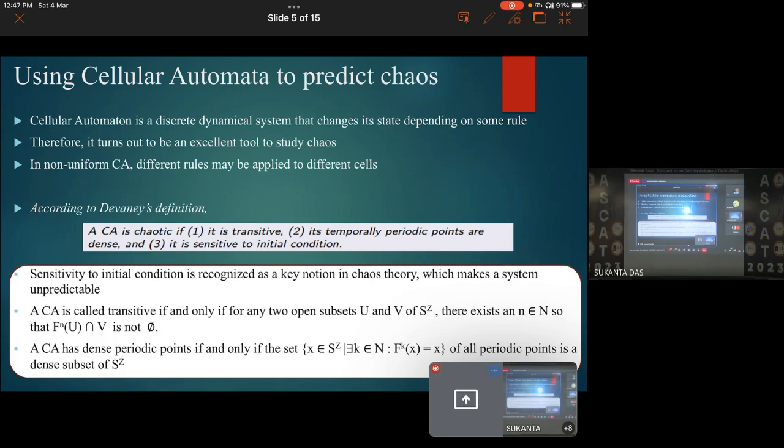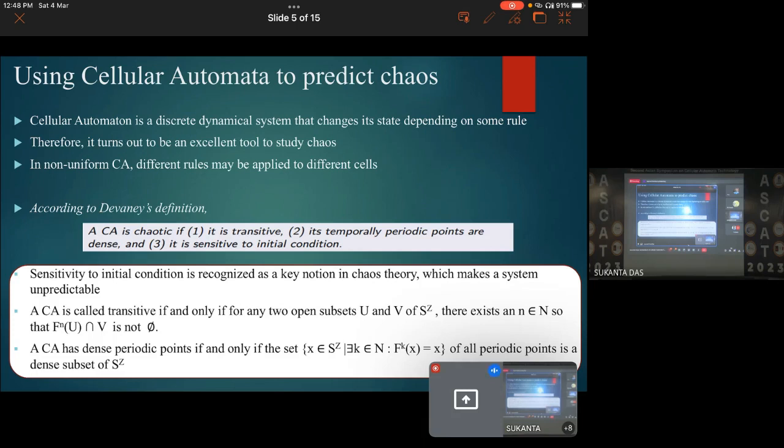There are an infinite number of configurations in this infinite system, and in a chaotic system we assume that all the configurations are there, and therefore in the third case we can say that a CA has dense periodic points. What does it mean? If we have a period of the configurations, the points denote the configurations, if the CA has all the configurations, we assume that there are so many configurations that it makes a dense periodic point. So a CA has dense periodic points.